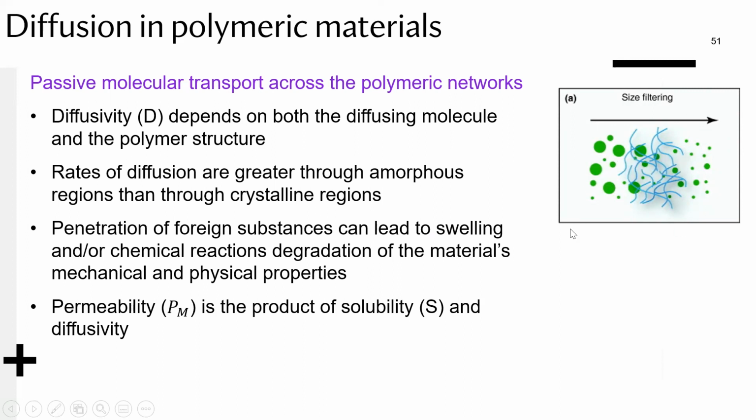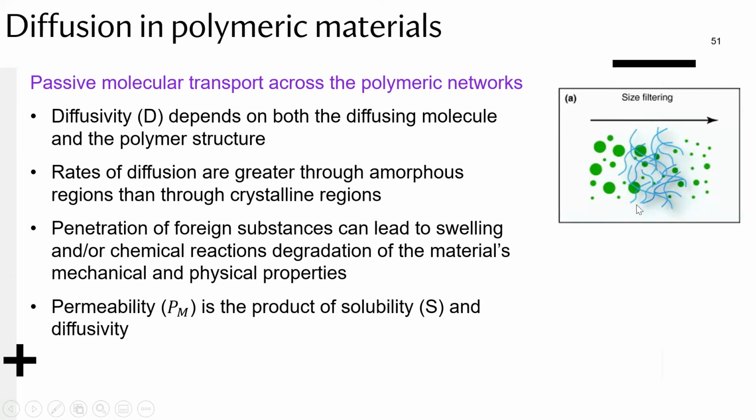So this is in general what diffusion means: the passive motion or transport of these small molecules or any other molecule through this particular medium. In this case, it's a solid polymer. It could be water, a liquid. It could be anything. So what we're studying is the diffusion of, for instance, oxygen or carbon dioxide through a polymer.